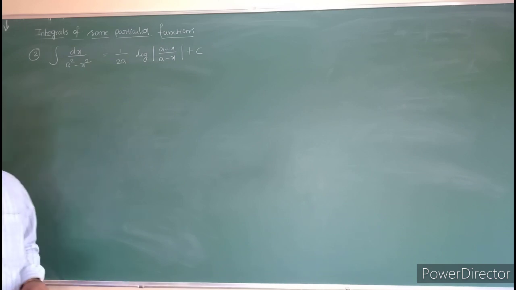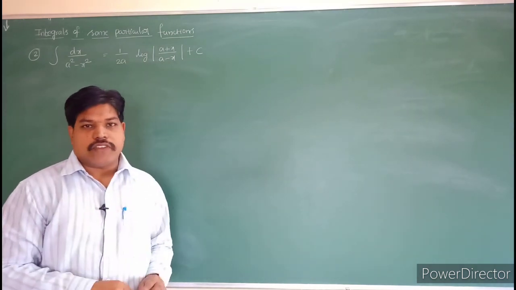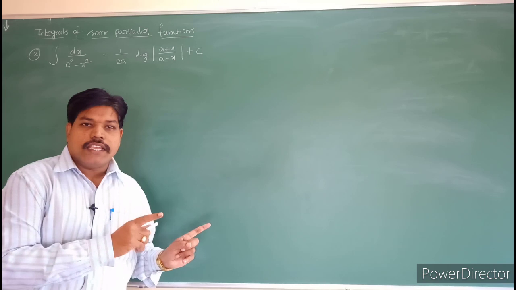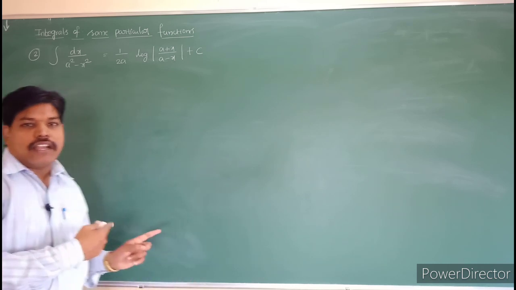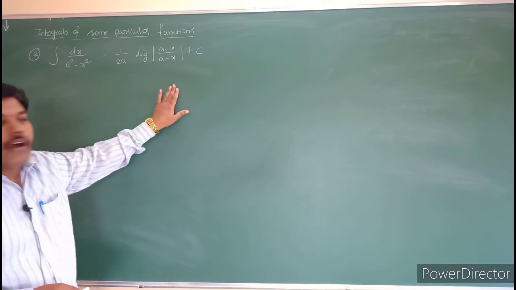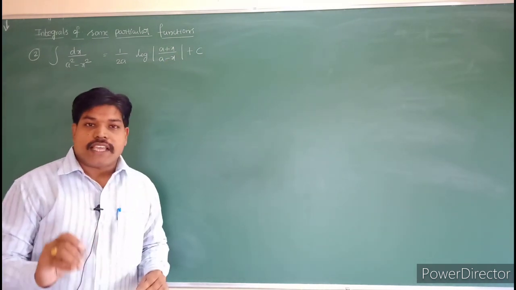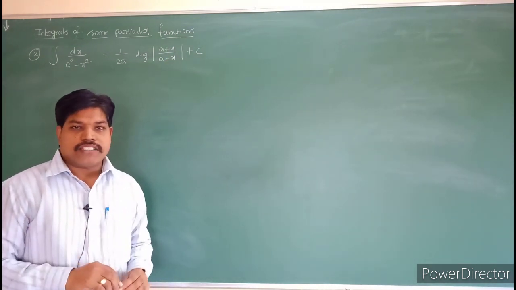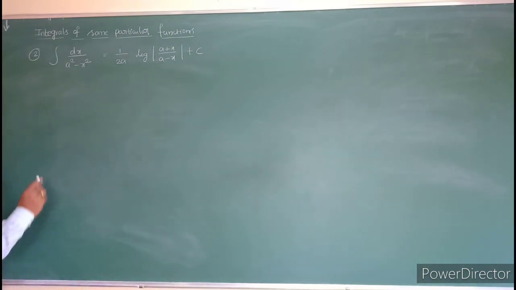In the previous one it was x square minus a square; here it is a square minus x square. The formula is 1 by 2a into log of mod a plus x by a minus x plus c.